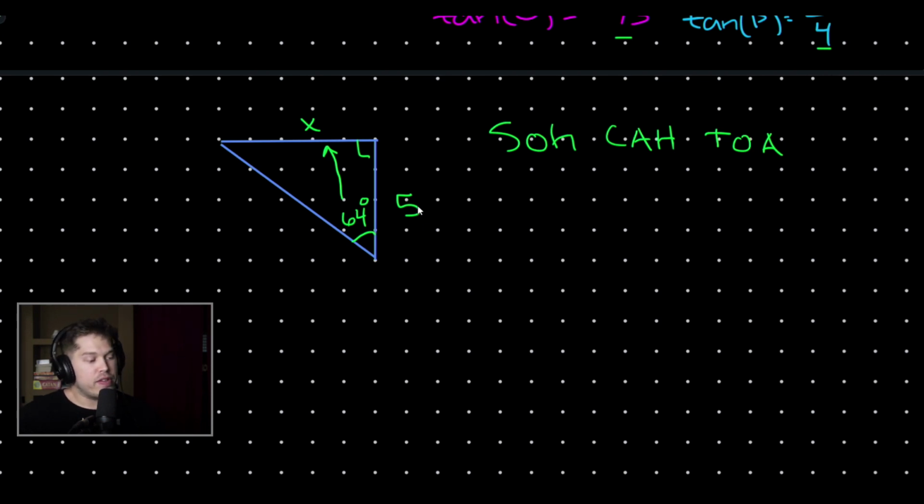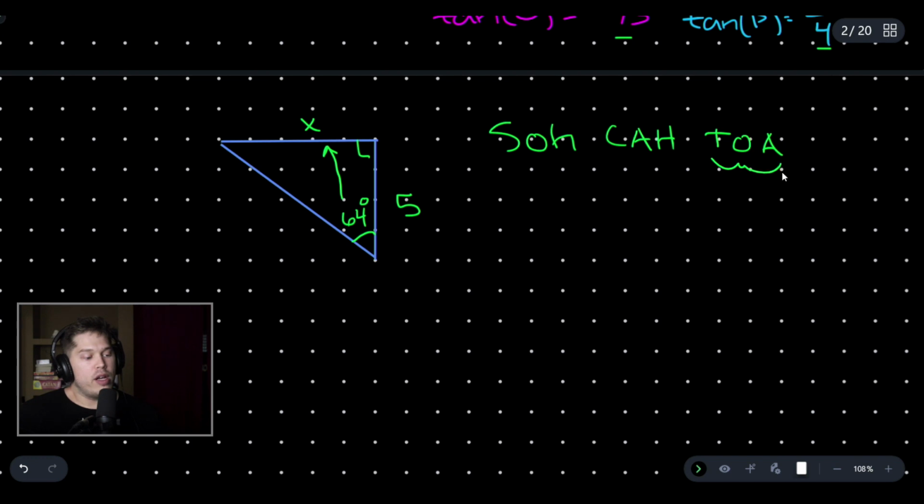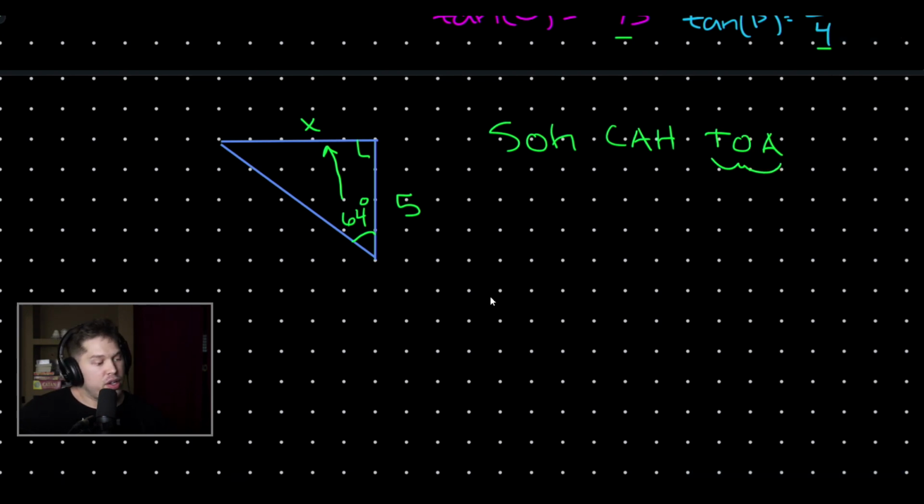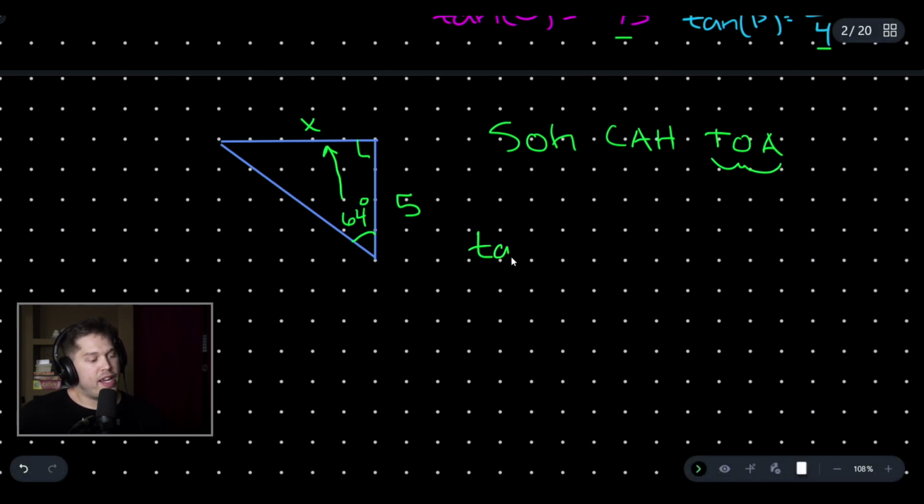So we know that 5 is adjacent, and what we're looking to solve for is our opposite side. So we need to hone in on tangent. Okay? So the tangent of 64 degrees is going to be equal to the opposite, x, over 5.